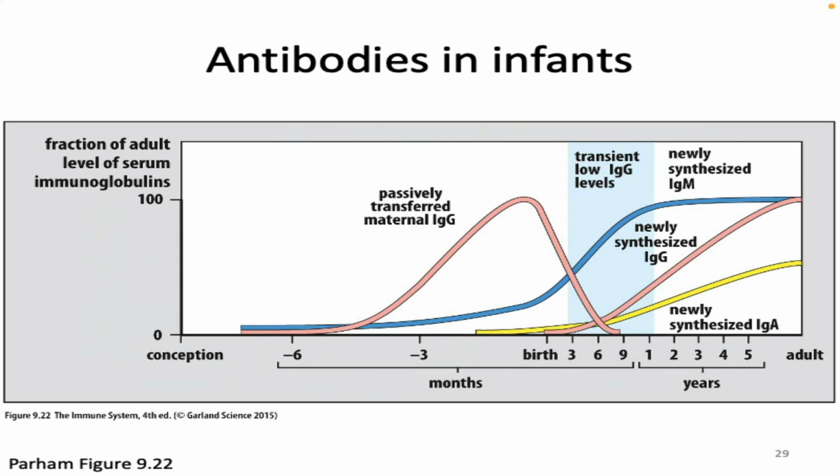And you can see that there's this period of time where eventually the baby's immune system will start making some of these antibody types themselves. But there is this window of time where the baby might be particularly susceptible because it has relatively low levels of some of these antibodies. This information is particularly important for people who have designed vaccine schedules to think about when to give babies a vaccine.